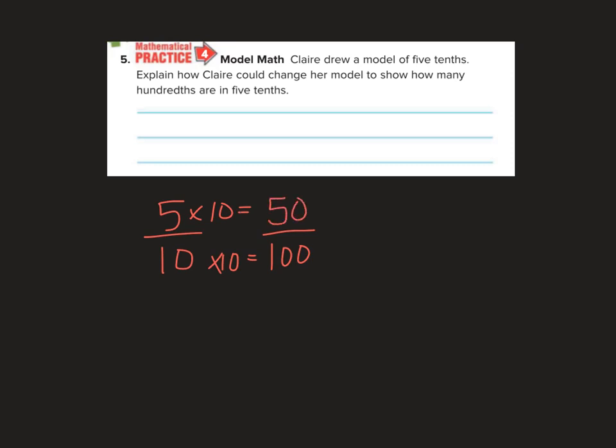So if I was going to write this in decimal form, I would write it as 50 hundredths, right? And so I'm just cutting each tenth into 10 equal pieces, which would get me to 100. So basically what that means is 5/10 is equivalent to 50 hundredths. If I were going to draw this out using base 10 blocks, using those squares and whatever else, then they would be equivalent.